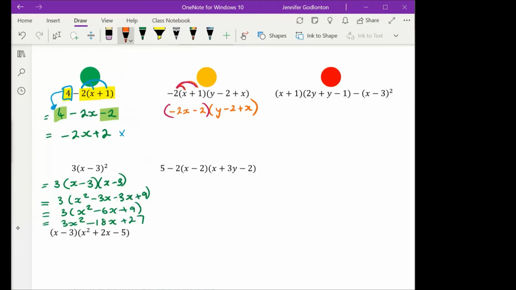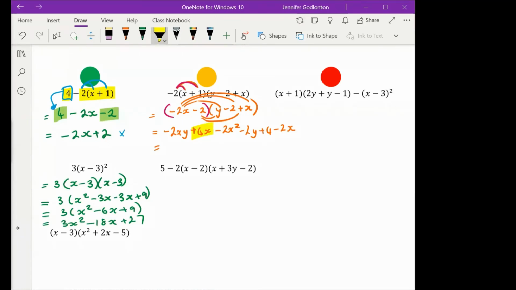All right, tell me what my next line looks like. It's going to look like negative 2yx. Yeah. Positive 4x. Yeah. Minus 2x squared. Good. Minus 2y. Good. Positive 4. Yeah. Minus 2x. Good. And do I have any like terms? Yes, ma'am, you do.